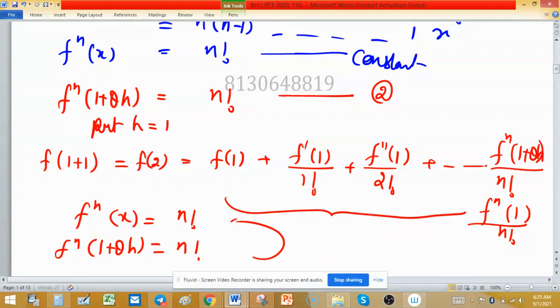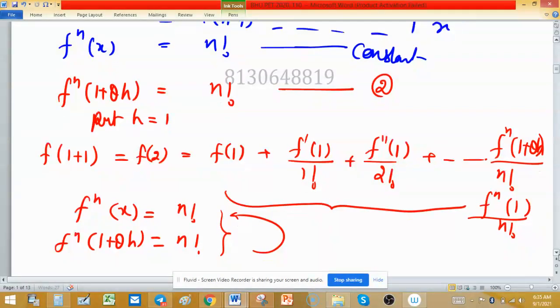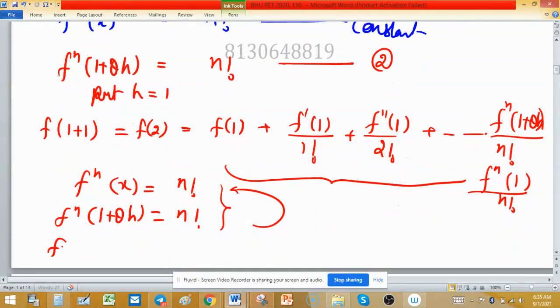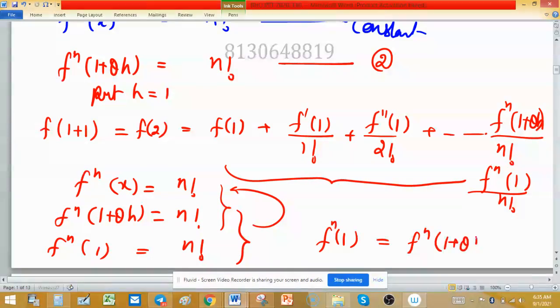So from this I can say, because the right hand side is the same, f^(n)(1) will be n factorial. So from these two I can write f^(n)(1) is equal to f^(n)(1+θh).